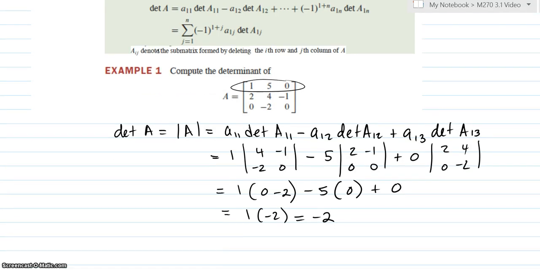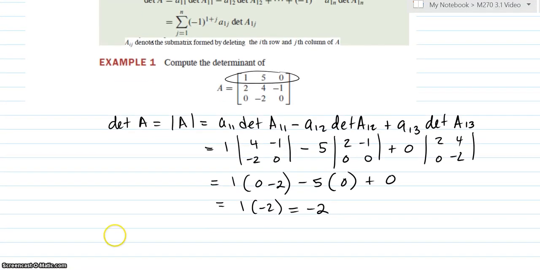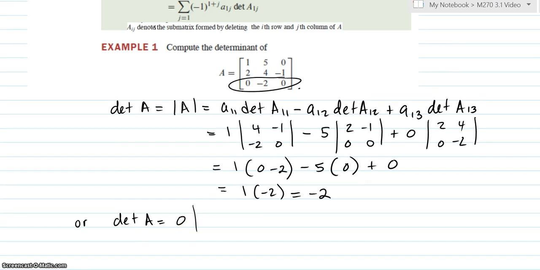You're going to see from the next theorem, it really doesn't matter what row you choose. You do not have to choose the first row. So I could have said the determinant of A, I could have picked the last row. That looks nice and easy, because then I times the leftover determinant, which I realize doesn't even matter. But you have to get the signs right. Turns out the signs are going to be like a checkerboard.